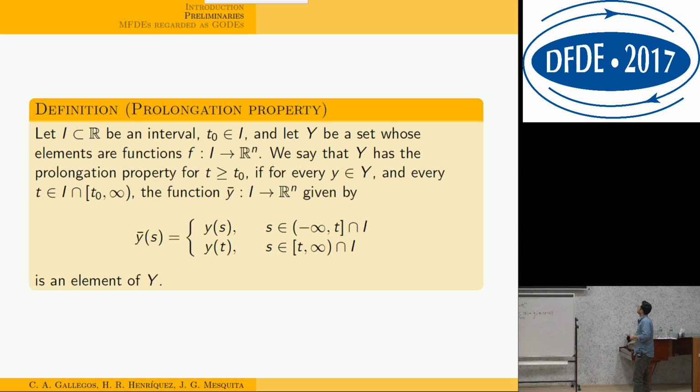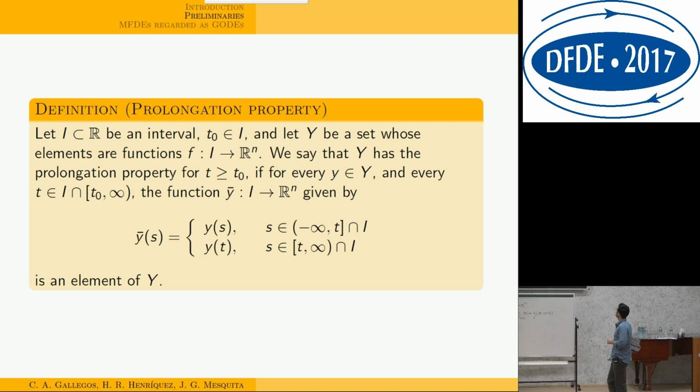Well, this is a definition. The definition is the prolongation property. We consider an interval I of the real numbers, a fixed point t_0 in the interval, and Y a set whose elements are functions from I to R^n.